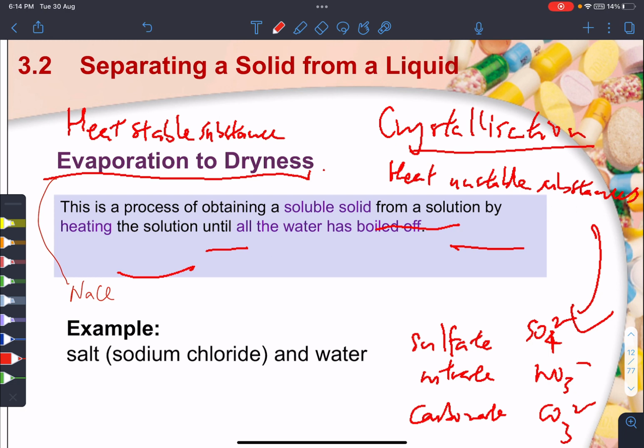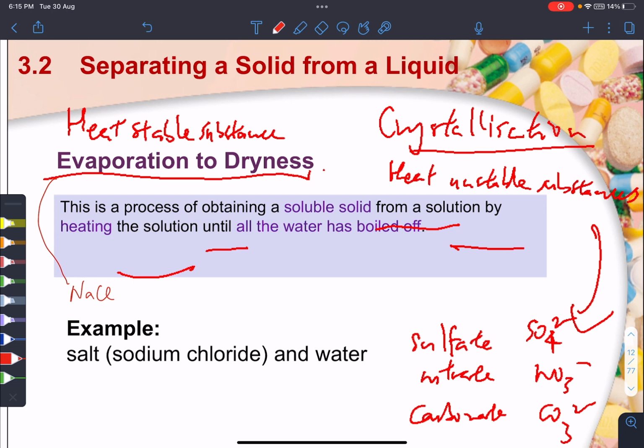Whereas crystallization is different. Crystallization is used for heat unstable substances, which means things that will react in heat. Or another word you may be more familiar with, things that will decompose. An example is sugar. If you just heat sugar directly, it will very fast turn black.